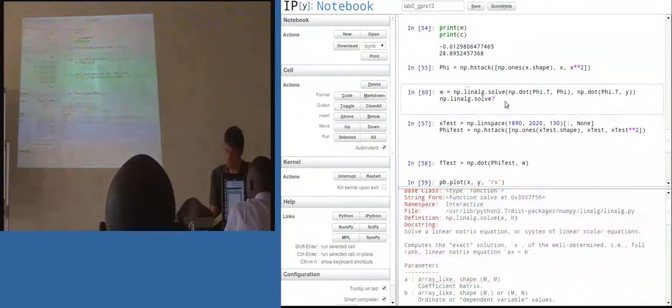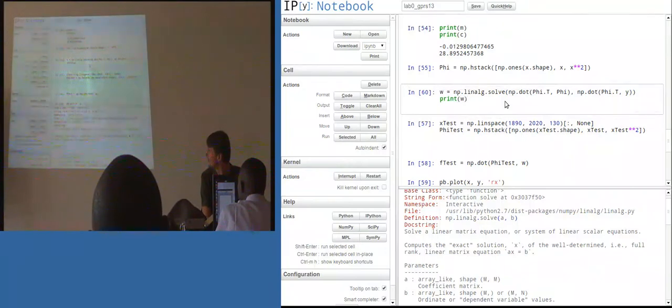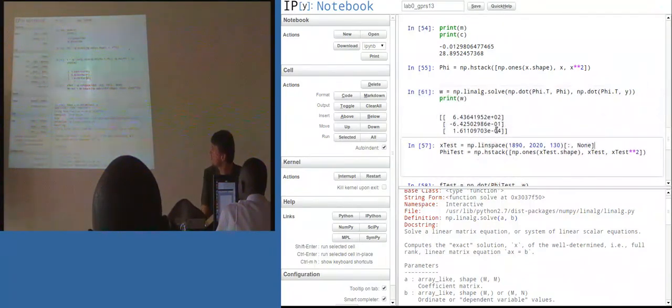So now that's given me the solution. Let's have a little look at what this solution is. The coefficient, the bias, is about 600. The linear coefficient is a small negative number like we had before, about 0.6.